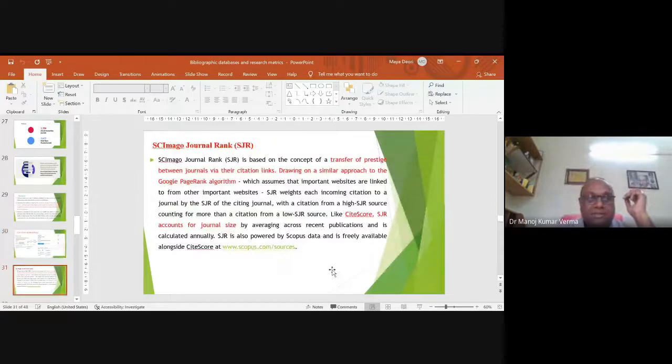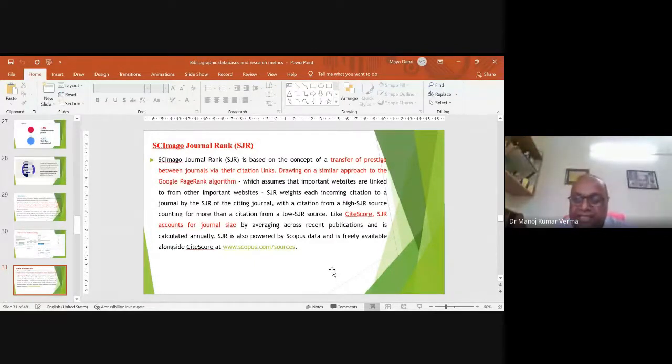Now SJR, the SCImago Journal Rank. The SCImago Journal Rank is based on the concept of transfer of prestige between journals via their citation links, drawing on an approach similar to the Google PageRank algorithm, which assumes that important websites are linked to from other important websites.